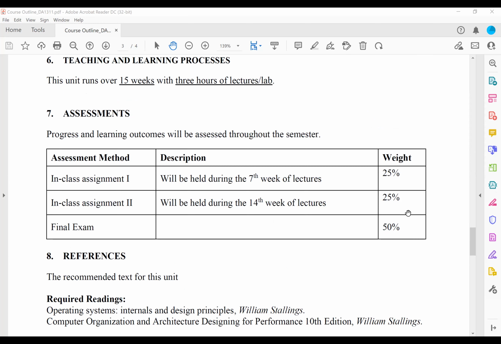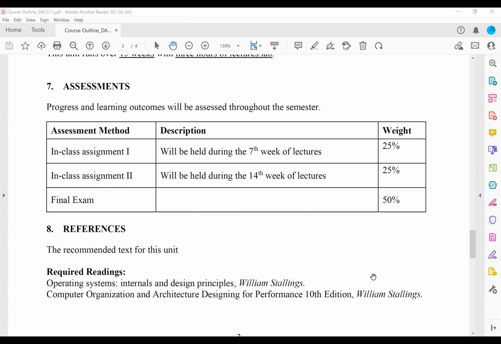Here you can see from the first in-class exam 25% will be added, from the second one also 25%, and the final exam 50% will be added to your final grade. Then you can see the total will be 100. To get a good grade, remember that you need to work hard from the beginning.